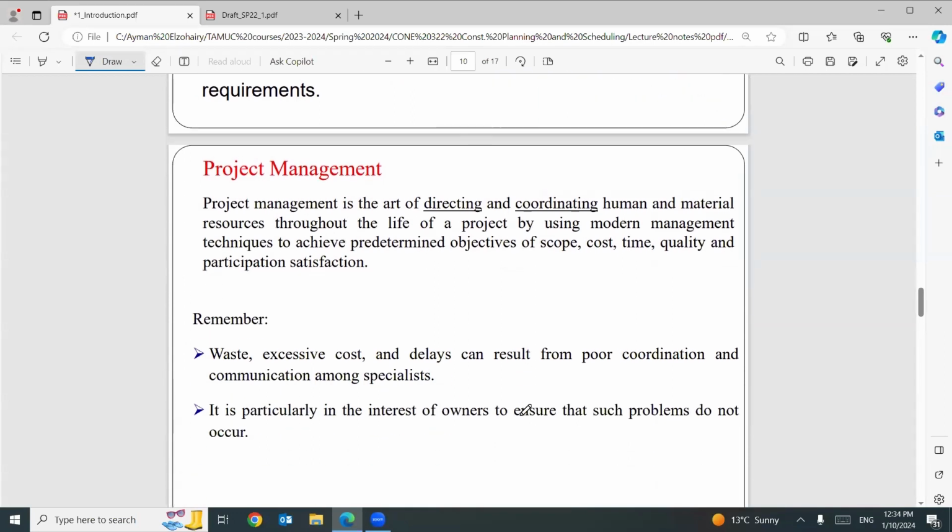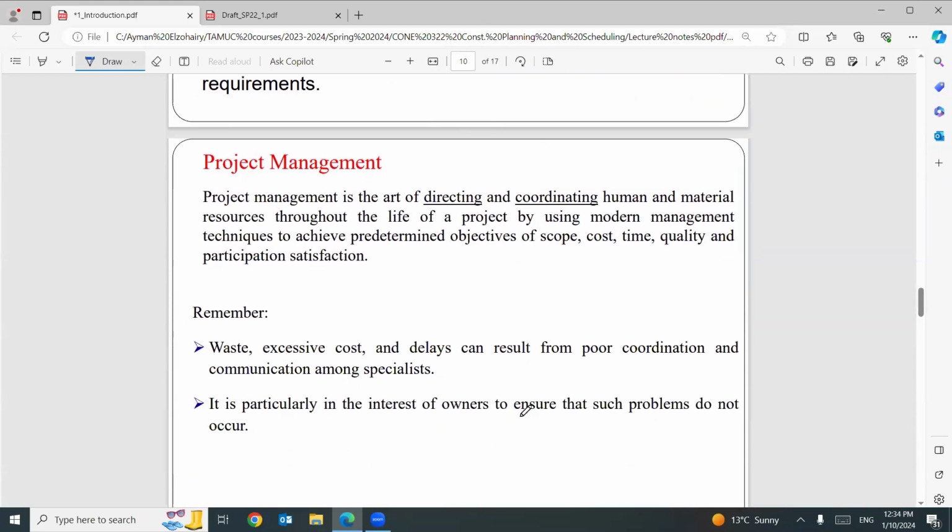To provide another definition for project management, it is the art of directing and coordinating human and material resources. So we have people, we have material resources, we have tools, we need to direct and coordinate them throughout the life of a project by using modern management techniques to achieve predetermined objectives of scope, cost, time, quality, and participation satisfaction.